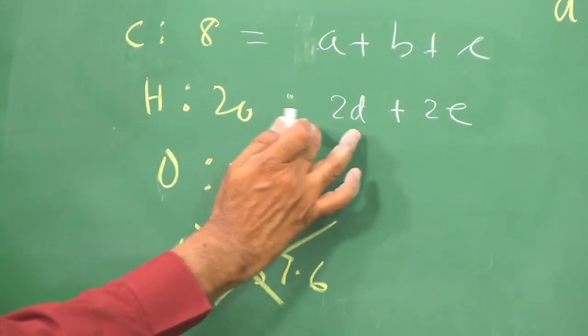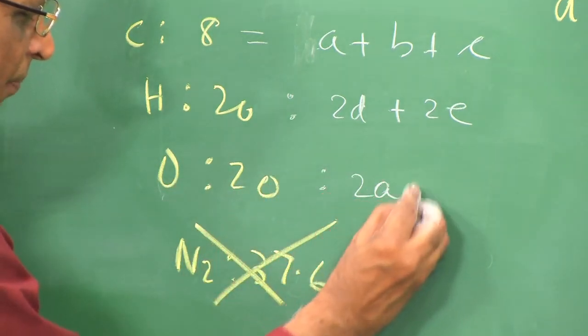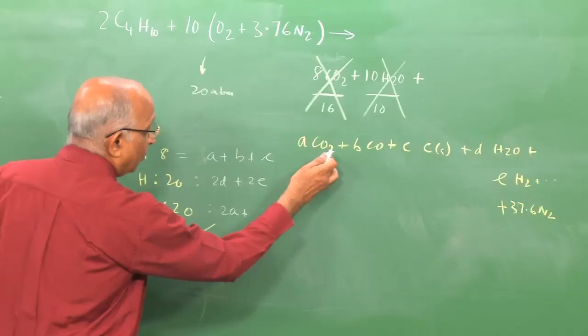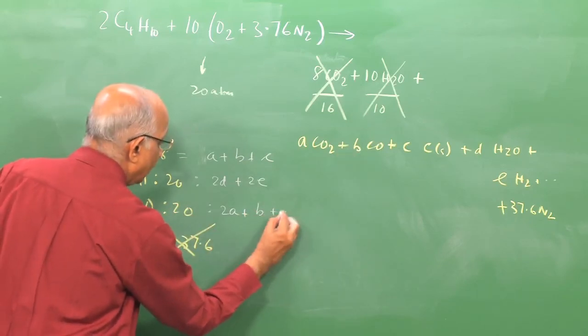Hydrogen balance is 20 equal to 2D plus 2E. Oxygen balance is 20 equal to 2A plus B plus D.